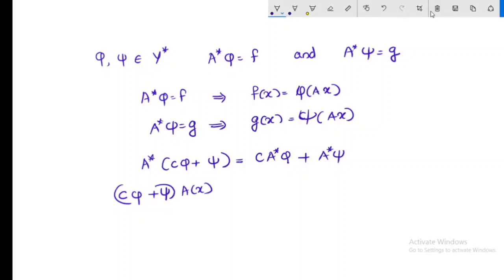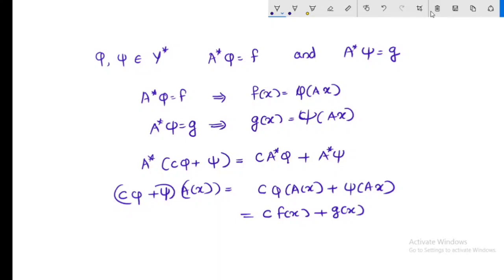By definition, this is equal to c phi of Ax plus psi of Ax. And this is equal to c times phi of Ax, which is f of x, plus psi of Ax, which is g of x. And this is equal to cf plus g of x.